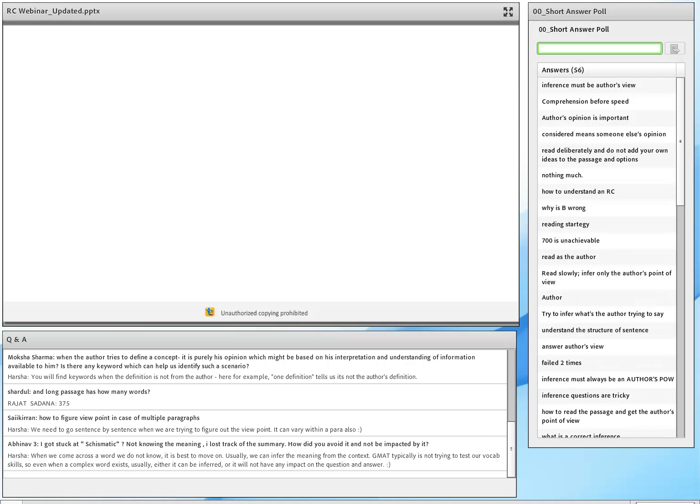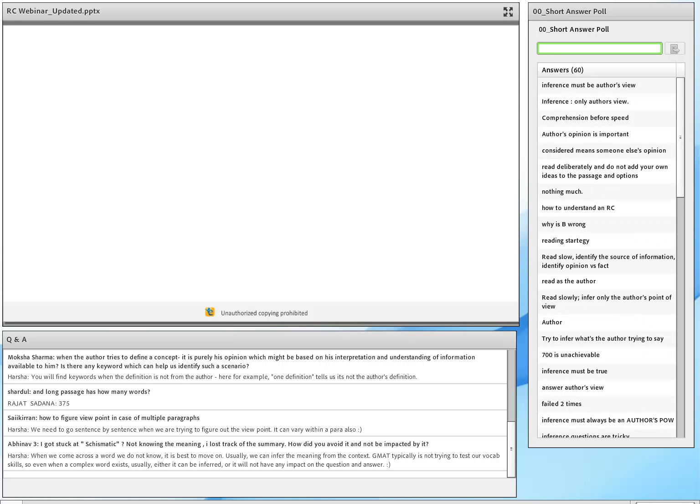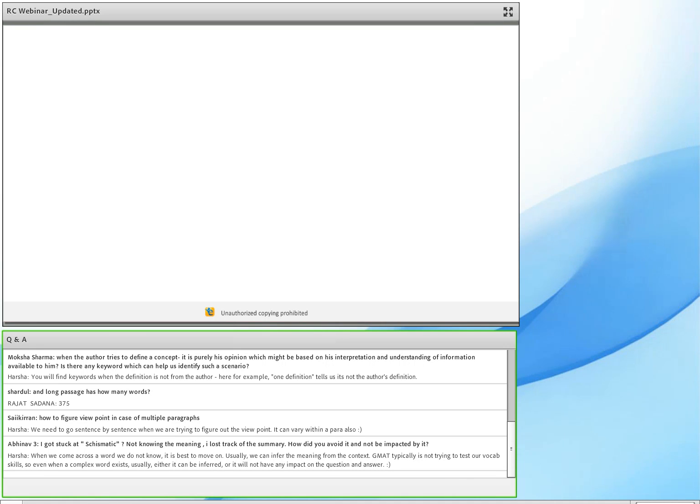How to understand an RC. Inference must be the author's view. You've got to read slowly. You've got to figure out who's saying what. All right, so now we're going to apply this to a full-length passage overall.